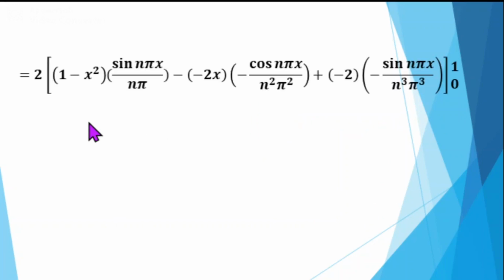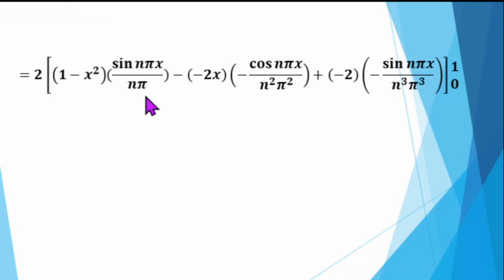We get an equal to 2 into, so the first term we have u v1. u is 1 minus x square, v1 is the integral of cos n pi x, that is sin n pi x divided by n pi, minus u dash. u dash is the derivative of u, that is the derivative of 1 minus x square, minus 2x, and v2. v2 is the integral of v1, the integral of sin n pi x by n pi is minus cos n pi x divided by n square pi square.